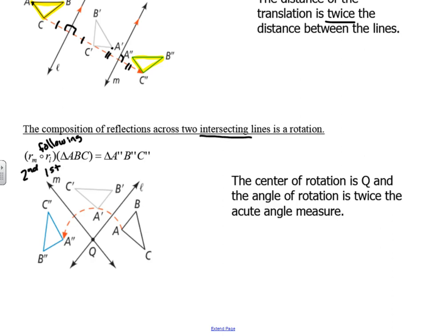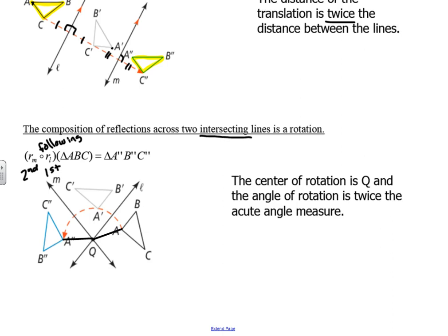We've got A, B, C, and we reflect to A prime, B prime, C prime, and then reflect again to A double prime, B double prime, C double prime, and the center of rotation. So really, that's the same thing as one big rotation from here all the way over to here.